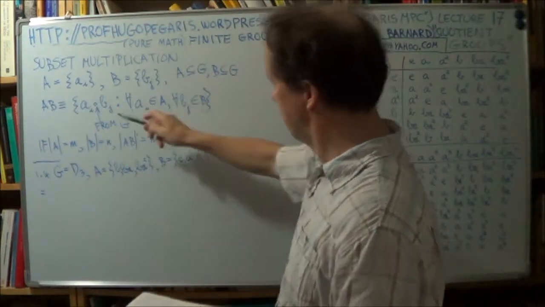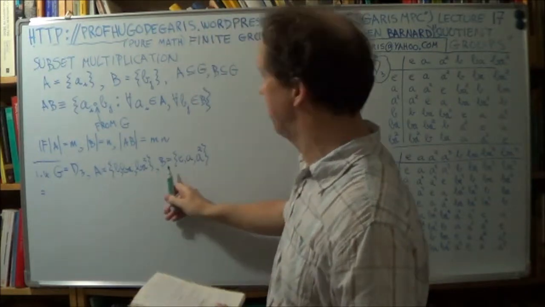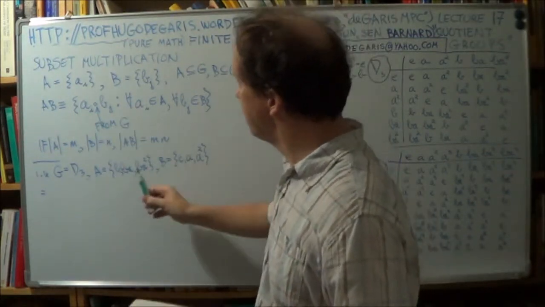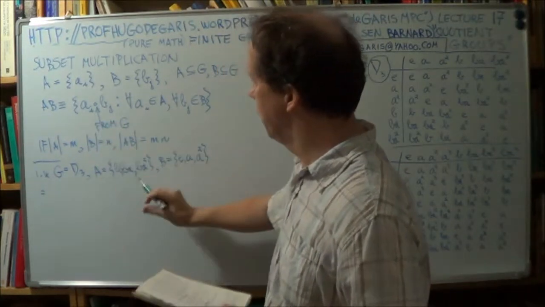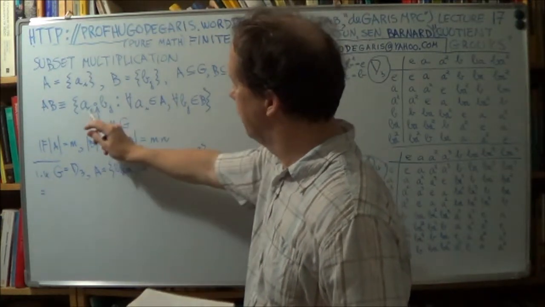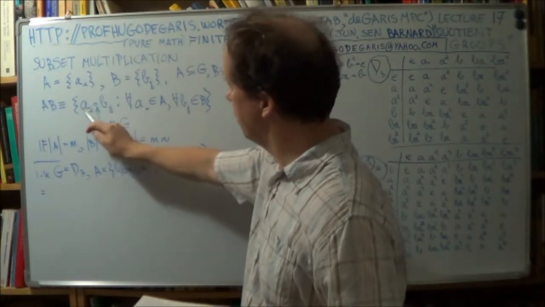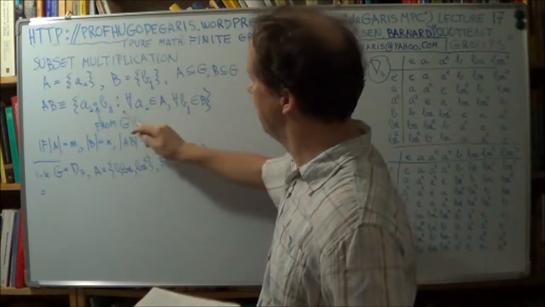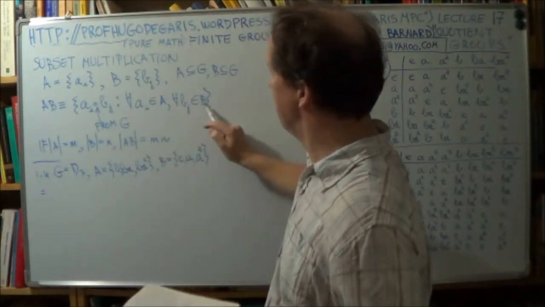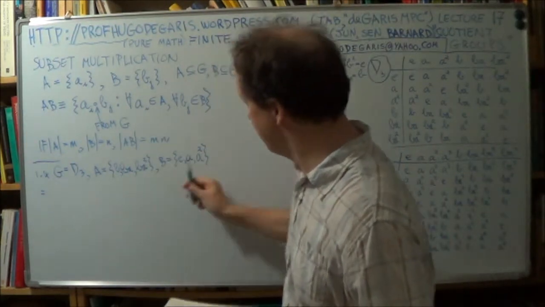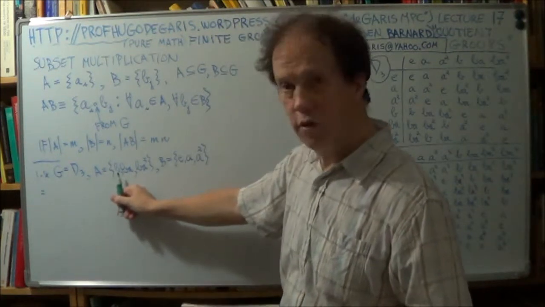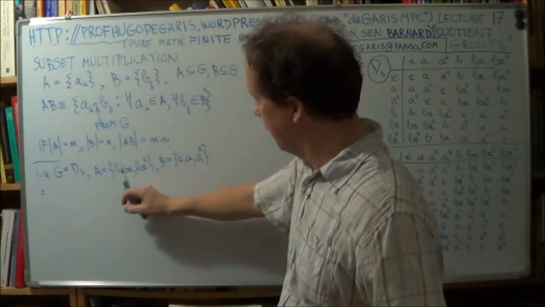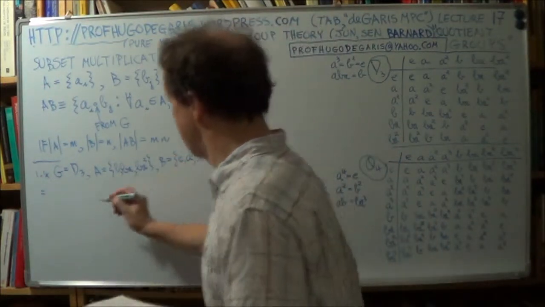We know the elements of A and B, so we're now going to find every possible ordered pair, with all the little a's in big A and all the little b's in big B. We've got 3 members of A and 3 members of B. So let's actually do it.